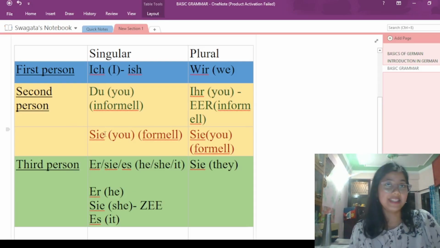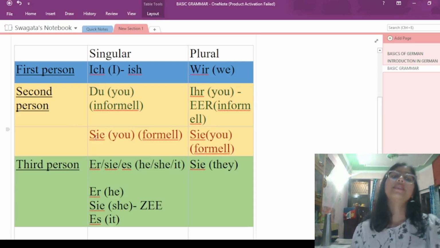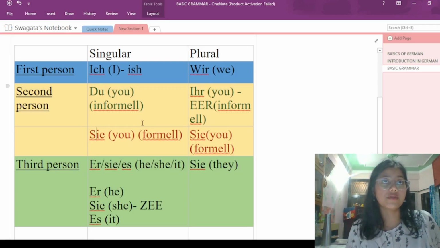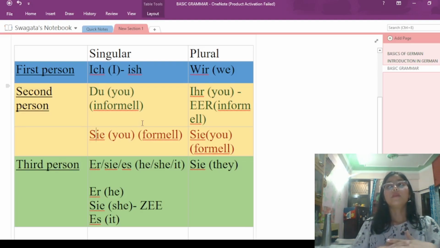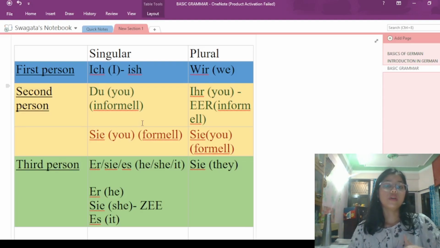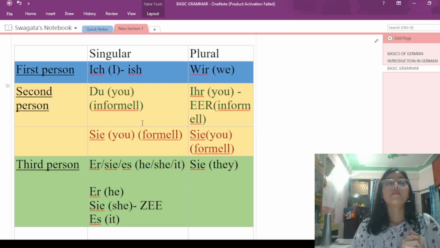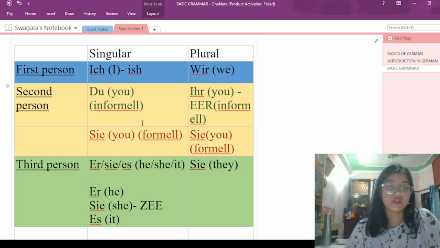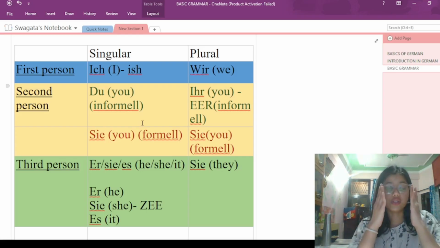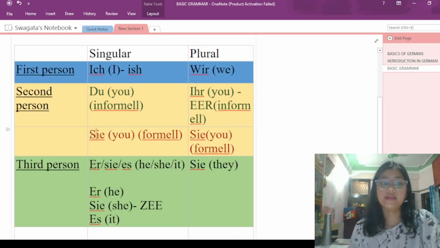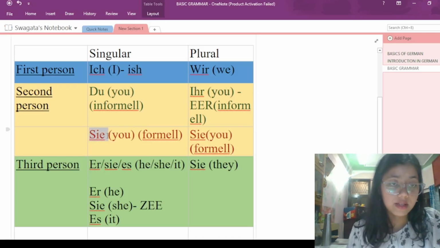Another time there is Sie. What does this Sie mean? This Sie means you, but in formal situations. If you're referring to your boss or your teacher, someone older than you and in a formal position, not in an informal relationship with you, you have to refer to them with Sie.